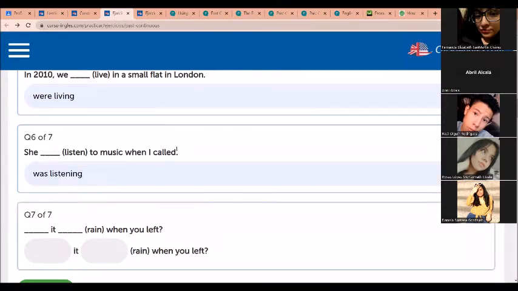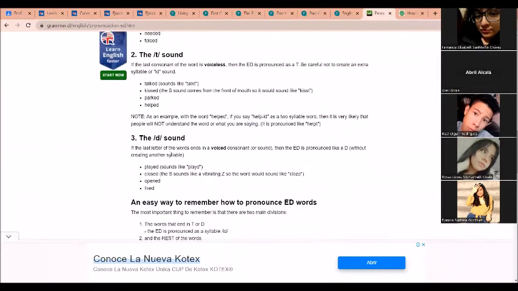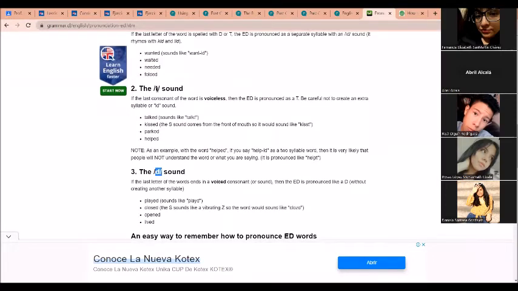Called. Don't forget, remember, when it comes to -ed endings, check how the word ends to choose what pronunciation. So call is a voiced sound, comes from down here in the voice box. So it's called. If it's one of those sounds that you create here in the mouth only, like talk, kiss, then you have a T sound, kissed.